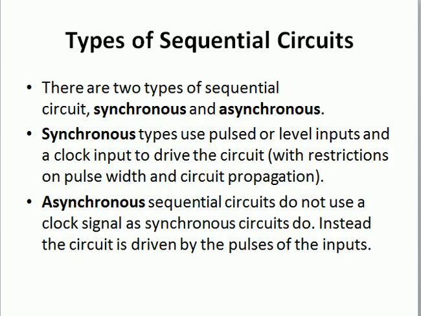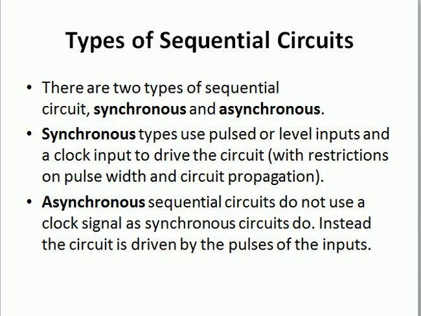There are basically two types of sequential circuits. One is the synchronous sequential circuit and the other is the asynchronous sequential circuit. The circuits in which we use the clock are known as synchronous. And the asynchronous are those in which we don't use the clock signal.